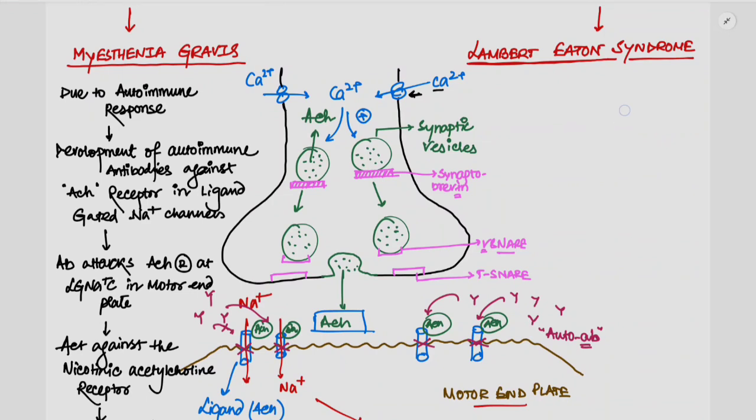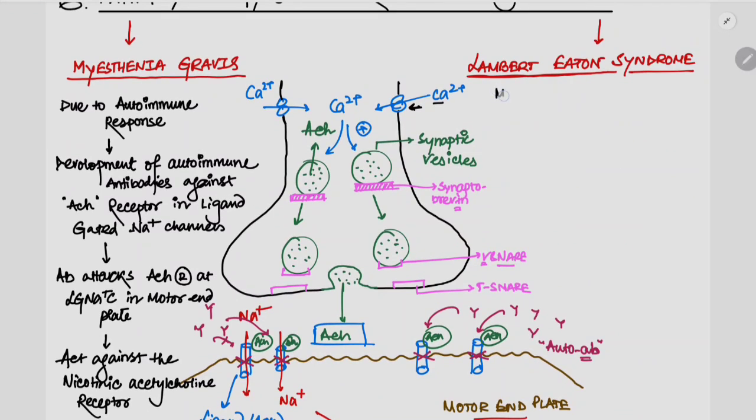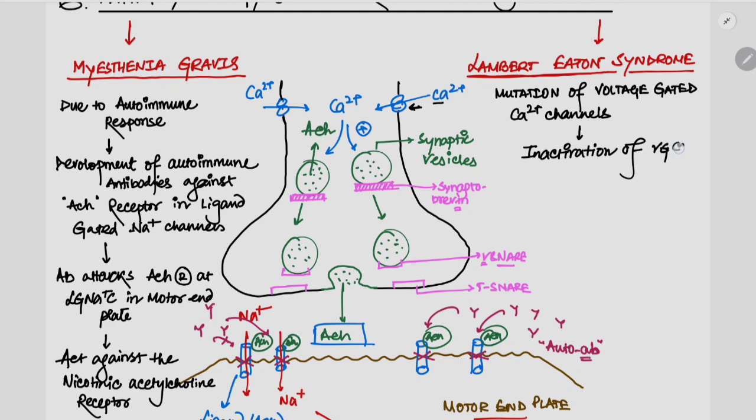So the main pathology here is mutation of voltage gated calcium channels. So obviously there is inactivation of voltage gated calcium channels, right? So there is less or no opening of voltage gated calcium channels.